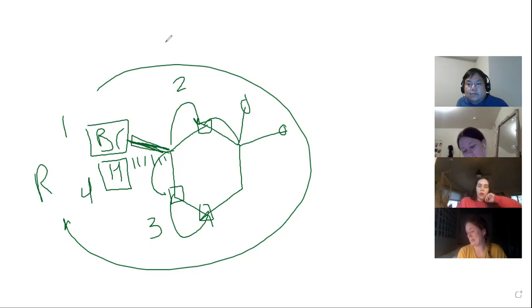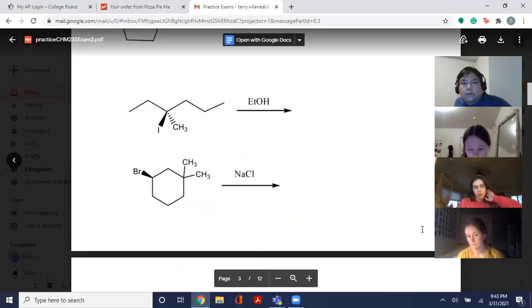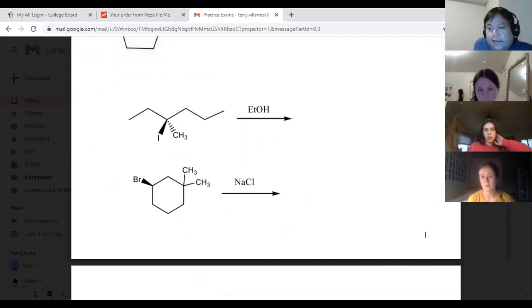Okay, question. Do you know when to use a dash and when to use a wedge? What do you mean? So if it wasn't a stereo center and you were just having one product, would you wedge or a dash? You don't need to do that though.